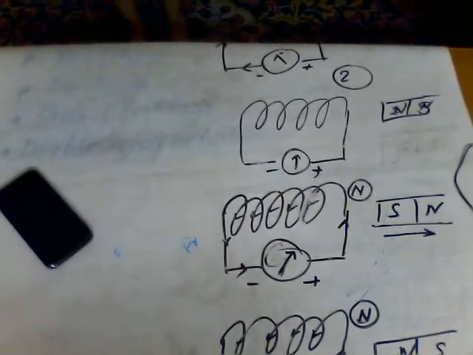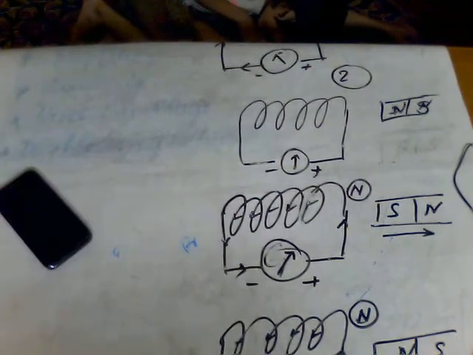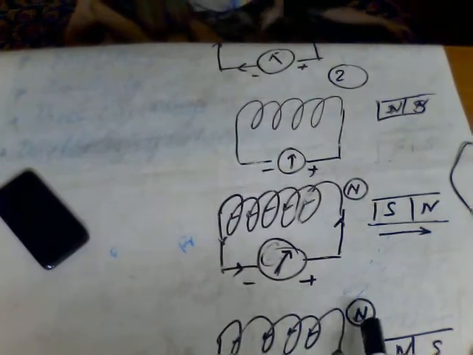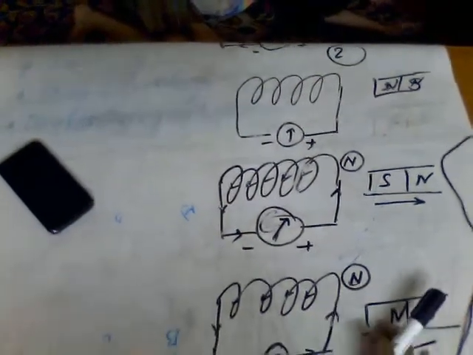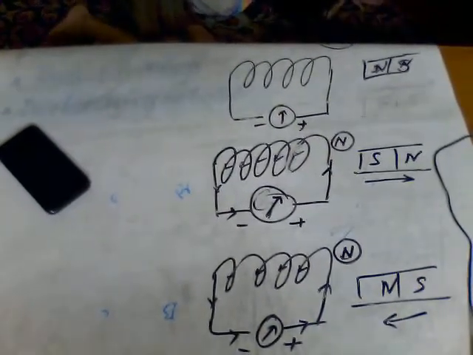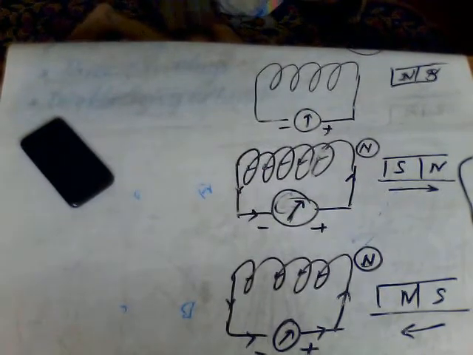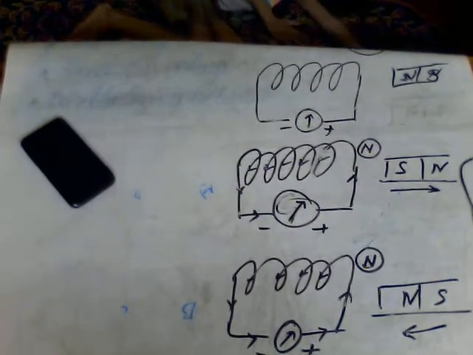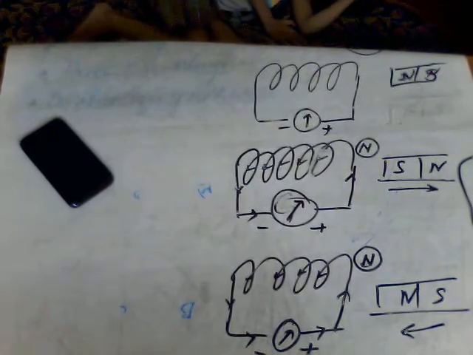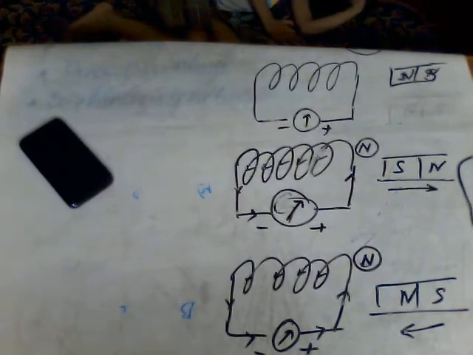In the same way, while the north pole was in front of the solenoid and the magnet moves toward the solenoid, a north pole was on this end, which means that both of them repel each other. In this case, the south pole is produced, meaning due to attraction, the magnet and the current direction are the same.